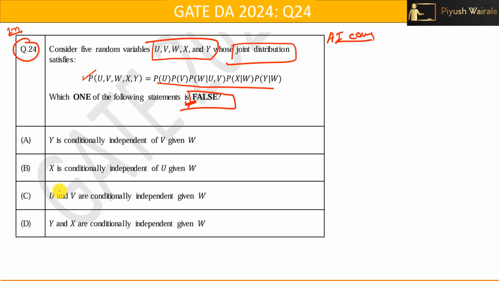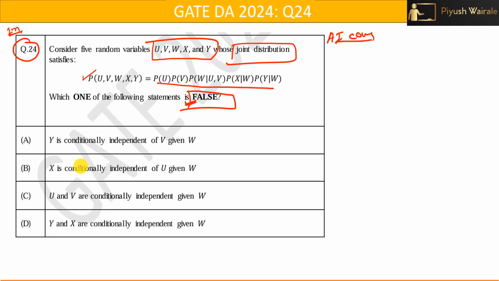They think we have to select which one is true, but that is not the case. If you have not done enough practice, then due to exam pressure you can make such a silly mistake. So please focus on this type of question.